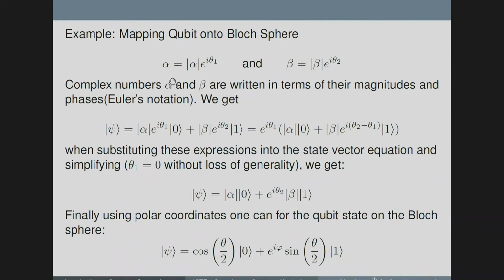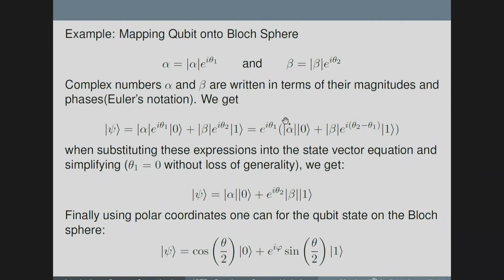So you can rewrite them in Euler's notation. And then you can go through the algebra. This was your alpha, this was your beta, you put in your Euler notation, which are angles, or sines and cosines if you wish.